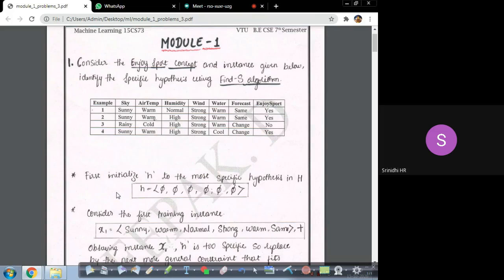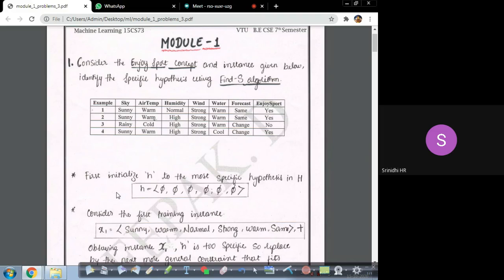Whether I decide it is a positive example or a negative example is given by EnjoySport, represented by yes or no. In the first example, if all these conditions are satisfied, EnjoySport is yes, so it is considered a positive example. In the third case, EnjoySport is no, which means it is a negative example. What is my ultimate goal? To identify my specific hypothesis. So let's start solving the problem here.